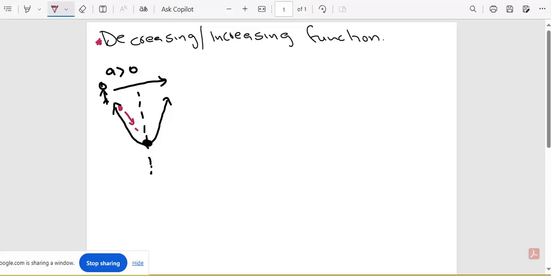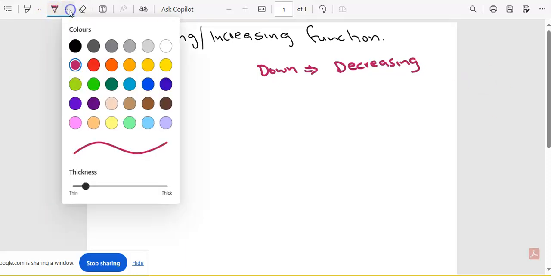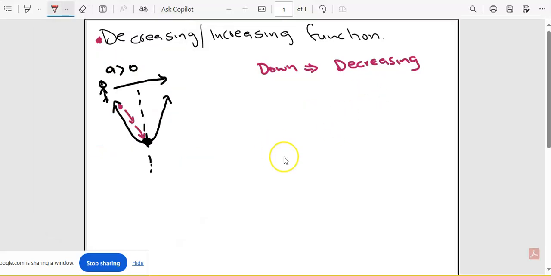Yes, sir. This tells you that when you are walking down, your graph is a decreasing function. You understand? Yes, sir.